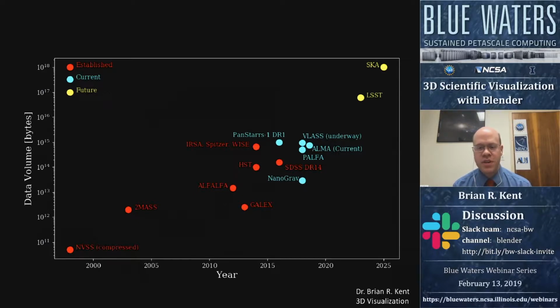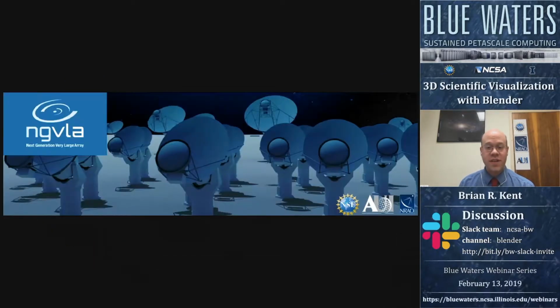And then in blue, you see current projects, some of which I'm involved in, including VLASS, but the current state of the ALMA archive, pulsar projects. We're getting up into the petabyte and exabyte ranges, looking towards the future in yellow there of the Large Synoptic Survey Telescope and the Square Kilometer Array. So we have to have very, very creative ways of being able to manipulate, calibrate, image, and visualize our data.